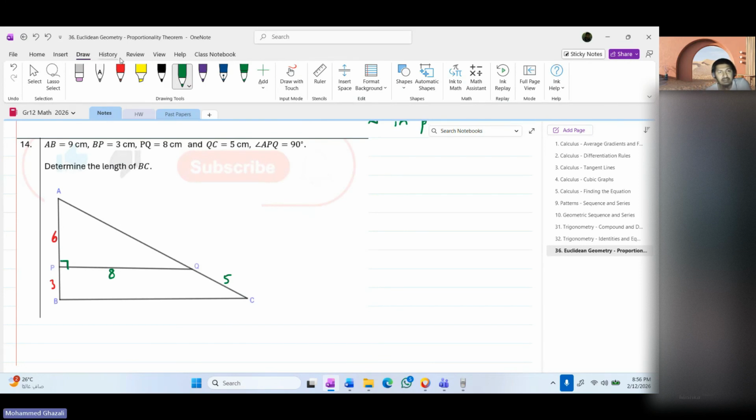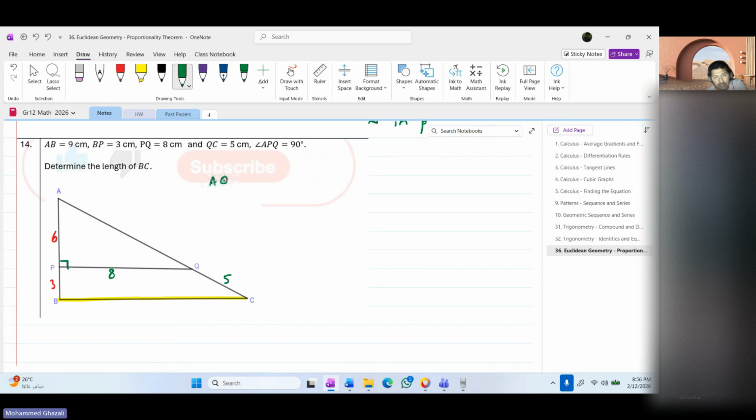How are you going to find the length of BC? There's nothing given here. To find the length of BC, first find AQ. We can use Pythagoras.